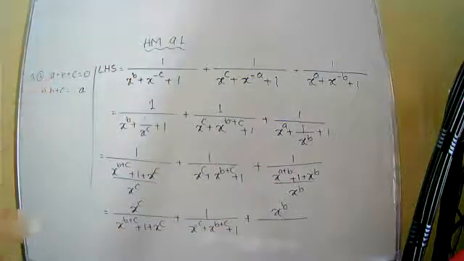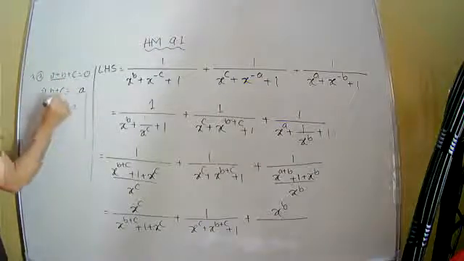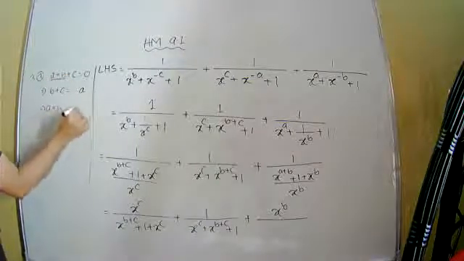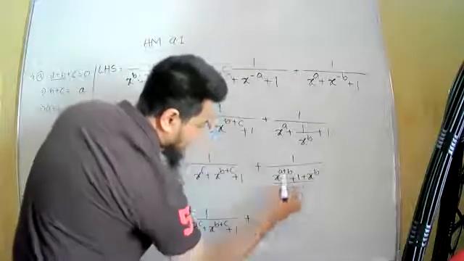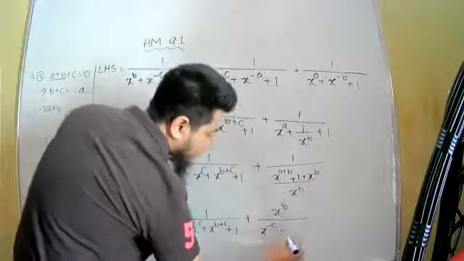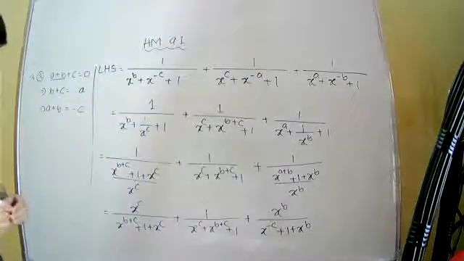Now a plus b can be written, see, a plus b, if I keep on one side and take c on the other side, it can be written as minus c. So I will just replace it here as x to the power minus c. A plus b can be replaced by minus c, plus 1 plus x to the power b. Okay.